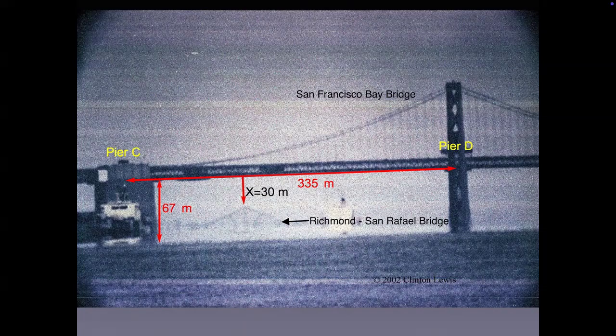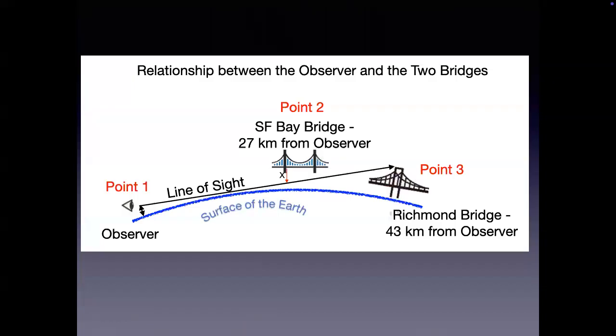Okay. So now it doesn't want to. You're kidding. There we go. So this is the relationship. Here we are, the observer, the line of sight, 6 kilometers from the observer. The line of sight gets closest to the surface of the water about 6 kilometers out.